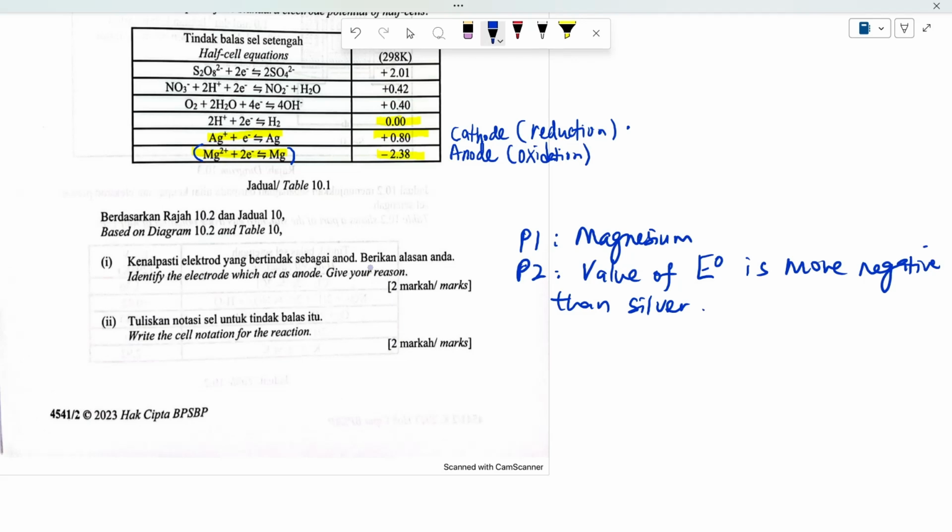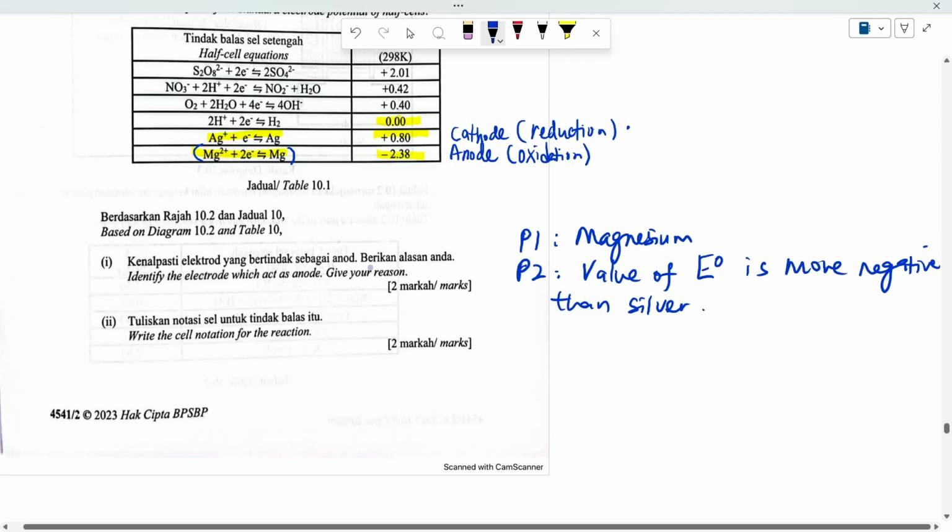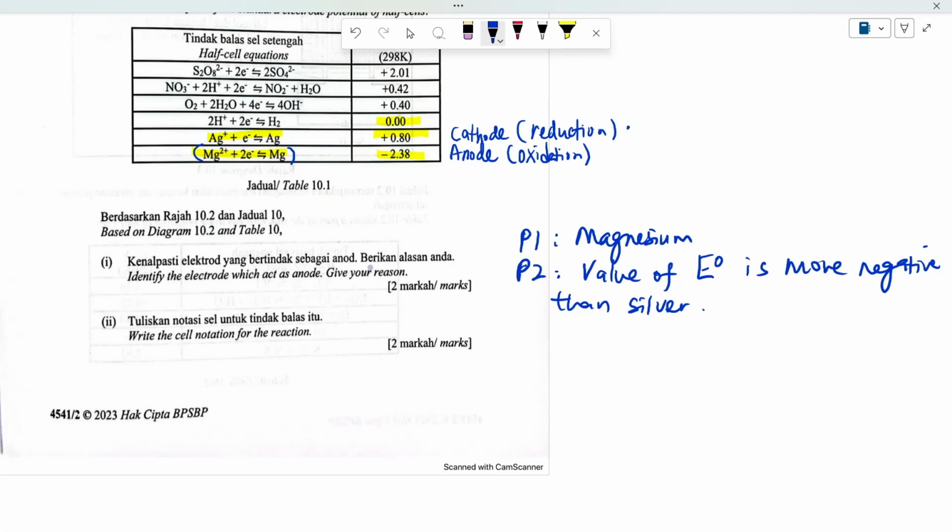Now write the cell notation. Do you still remember the general one, what we should write first? Left side it will be the anode. We write the anode first, then 1 line, then the electrolyte, the ions in the electrolyte of the anode.